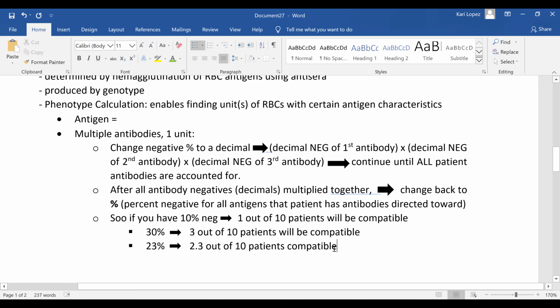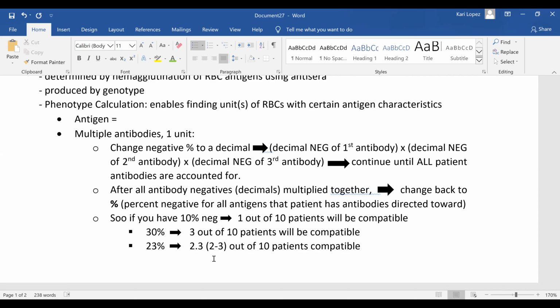So 35 would be 3.5 out of 10 patients are compatible. For 10%, how many out of 5? No, 35%. Oh, 35. Yeah, 3.5. Correct.